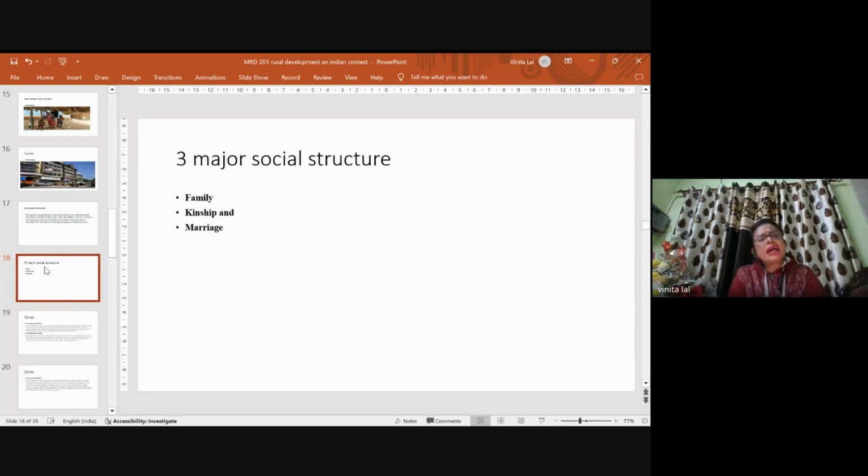It is regulated by rules, law, custom, beliefs, and attitudes that prescribe the rights and duties of the partners and accord status to offspring, if any.